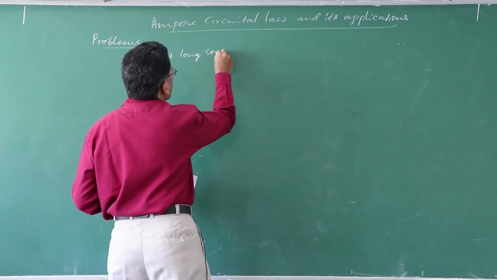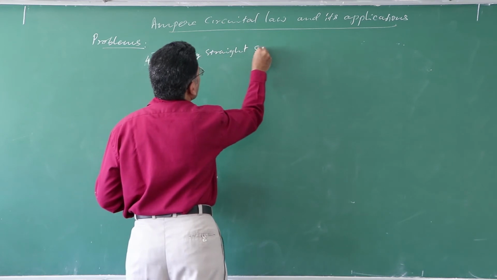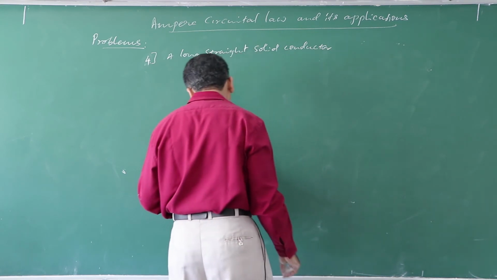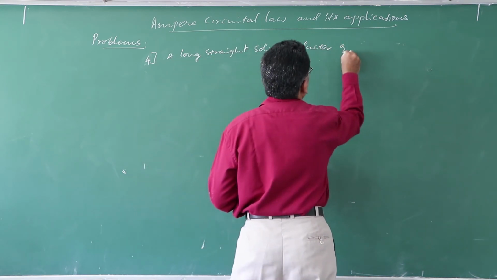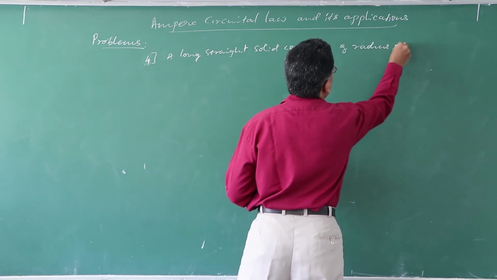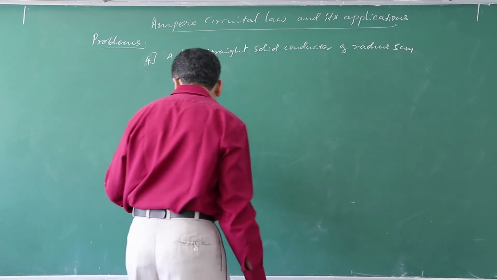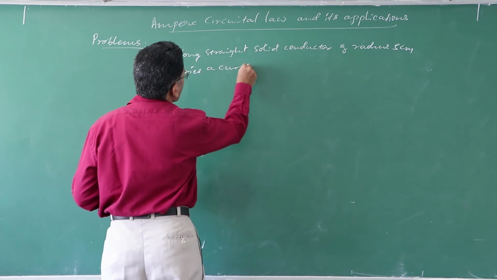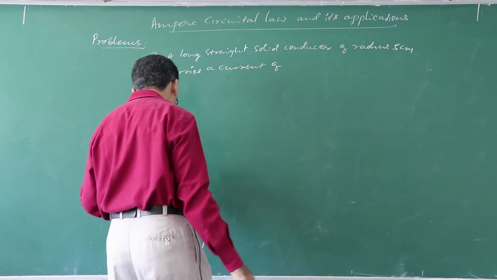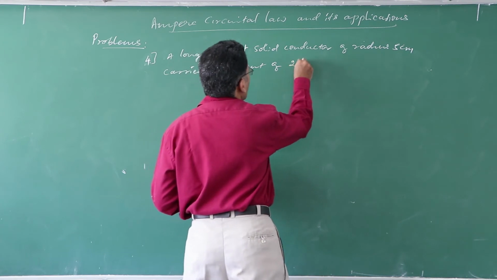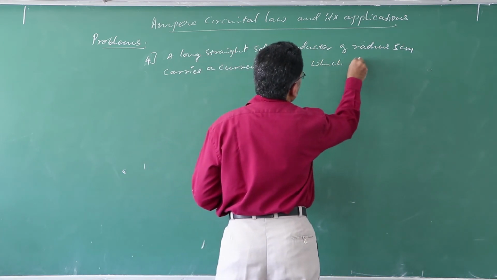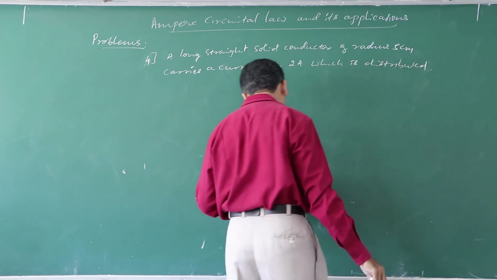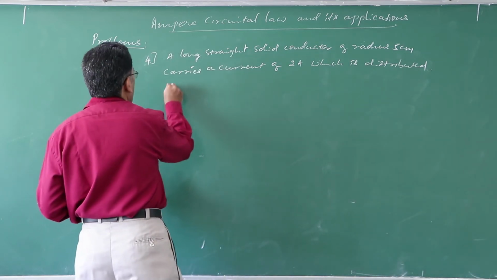A long straight solid conductor of radius 5 centimeter carries a current of 2 ampere, which is distributed throughout the cross section.